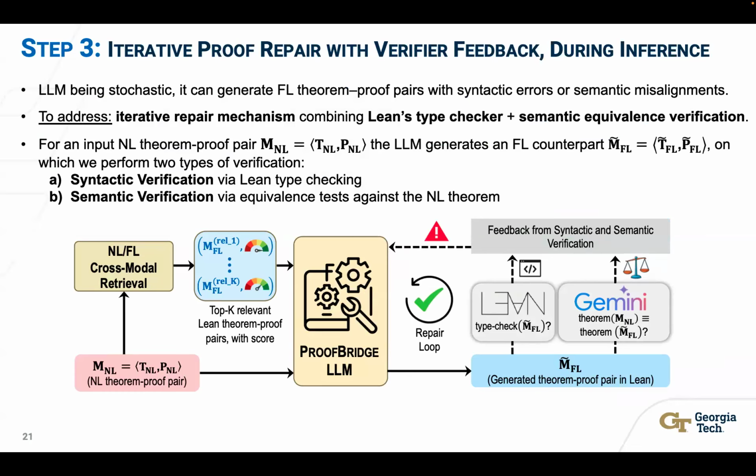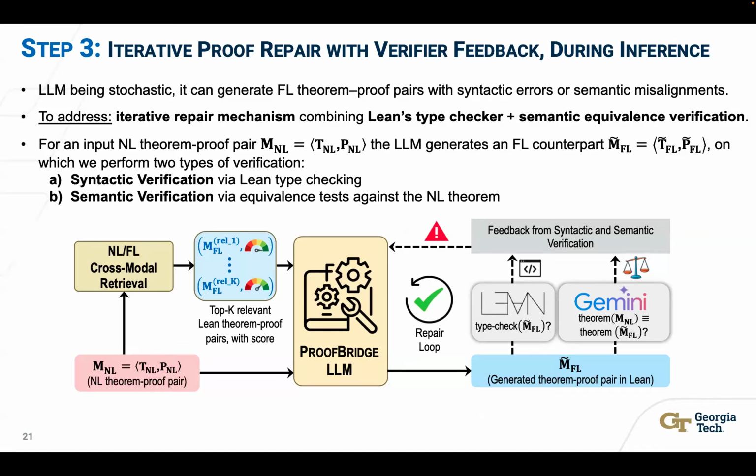The way the repair loop works is that we type check the proof and also semantically check the proof using Gemini. And what the loop is doing is repairing the query.